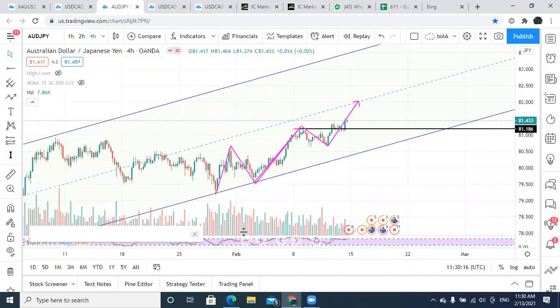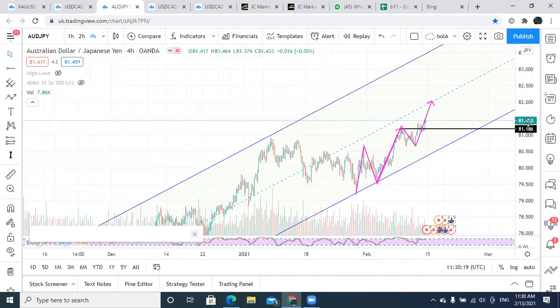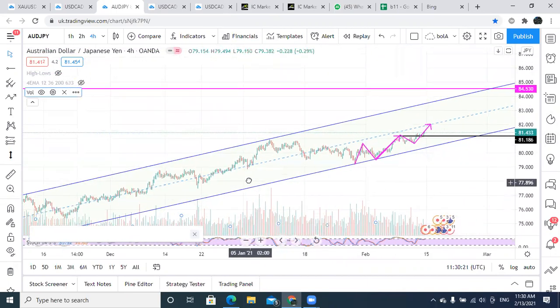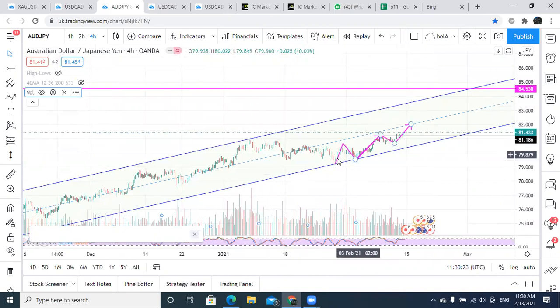Following this channel, right? This is a daily channel, okay? When price hits the rock bottom of this daily channel that we've had from our daily charts, this is the beginning of the wave, right? Because we've hit a support and then a new trend has begun.